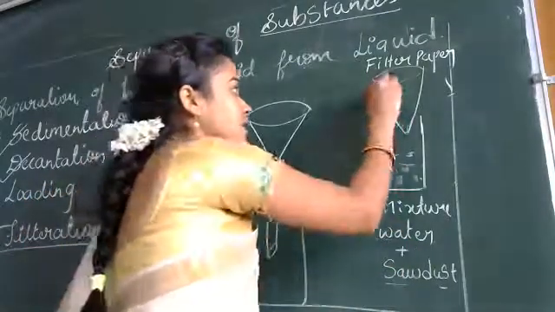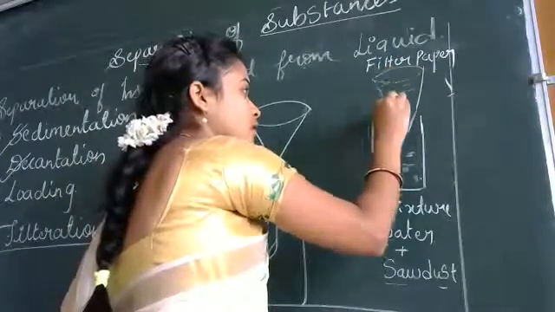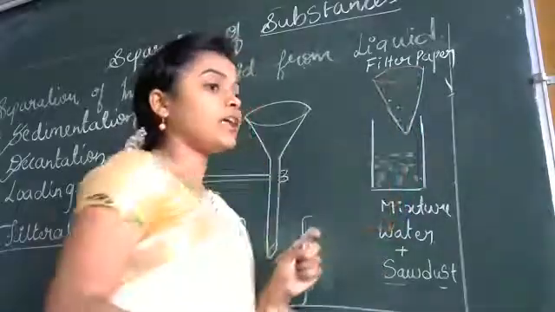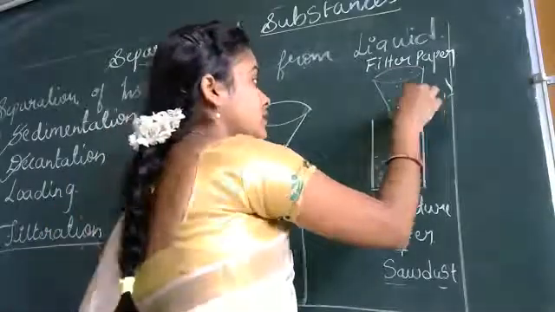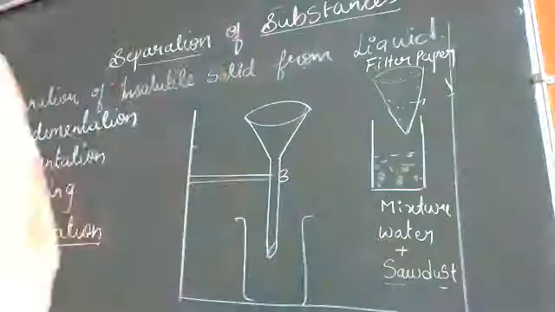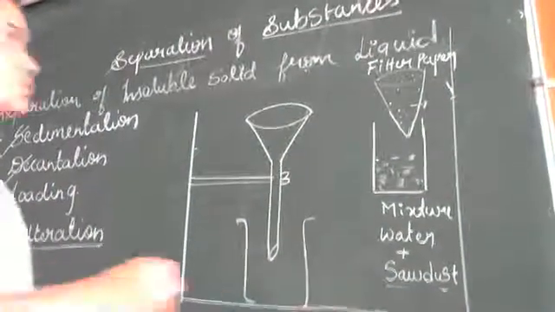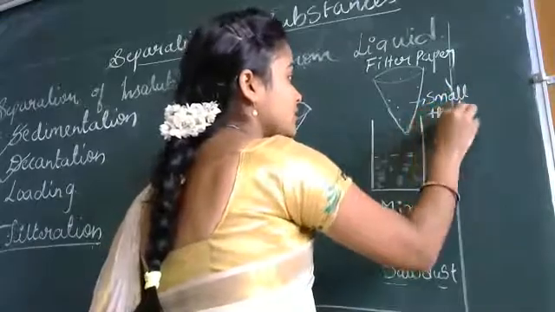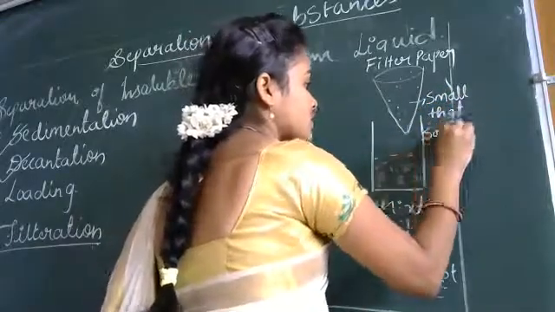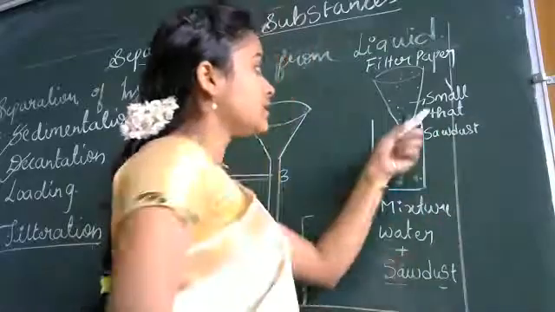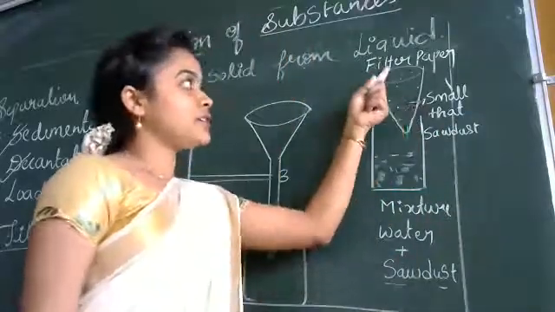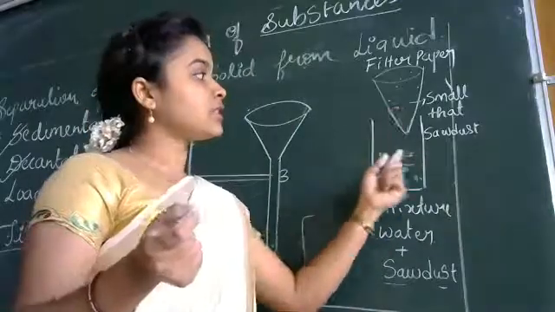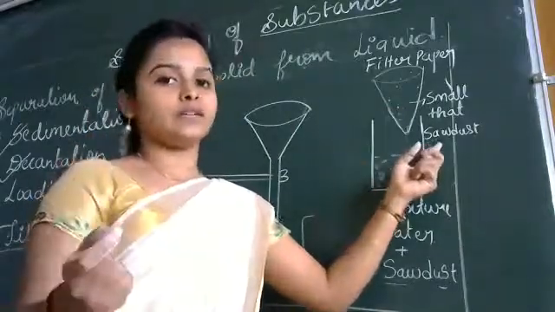And this filter paper has very small, tiny pores on it, and these pores are much smaller than the sawdust particles.